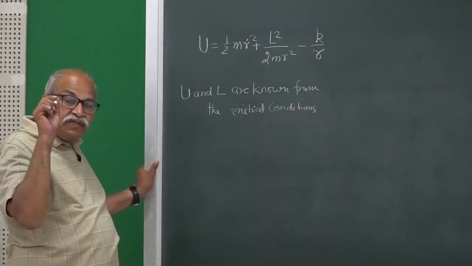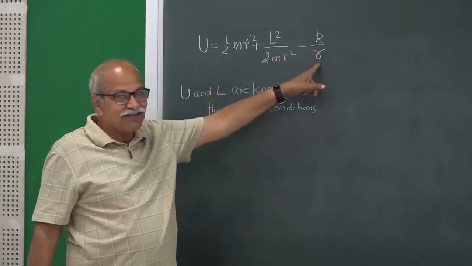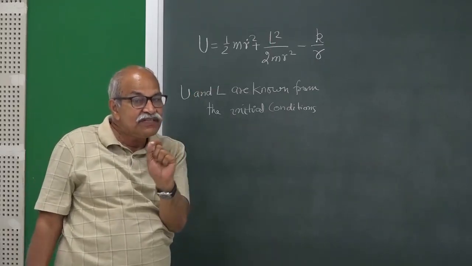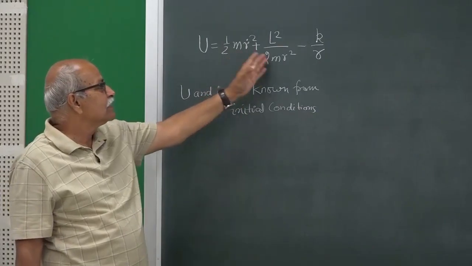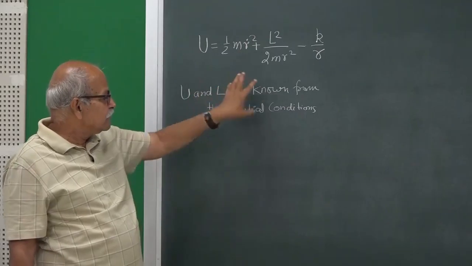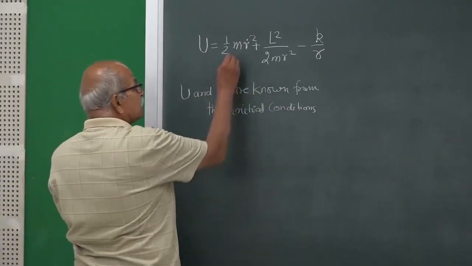Once you know initially where the particle is, you know what is k by r. Once you know the initial velocity, in which direction and how much is the speed, then you know this quantity, this quantity. So, U and L are defined from the initial conditions.